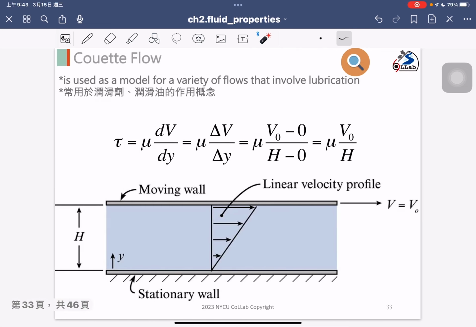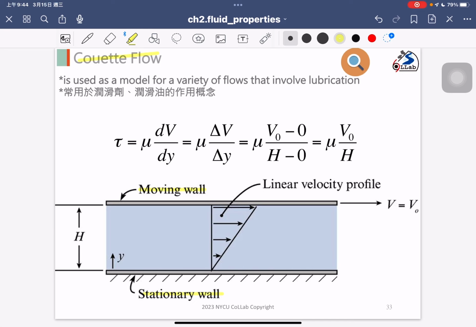Okay, so in this slide I want to point out a special case of the viscosity equation. We call that the Couette flow. So what does it mean? If you see the condition for the Couette flow, we put the stationary wall on the bottom, and on the top it is the moving wall.